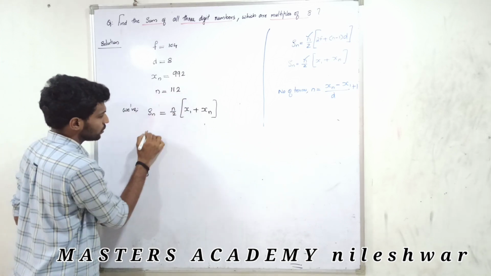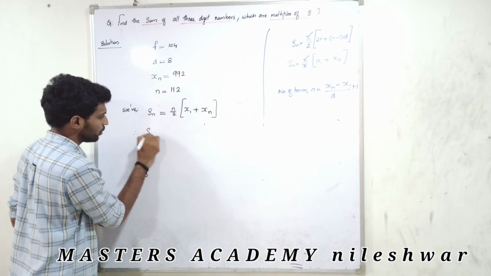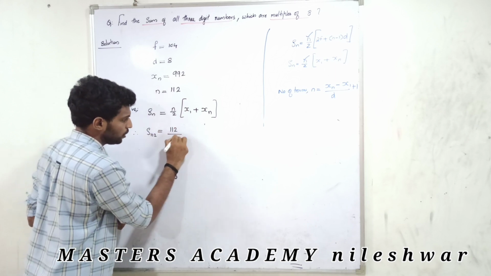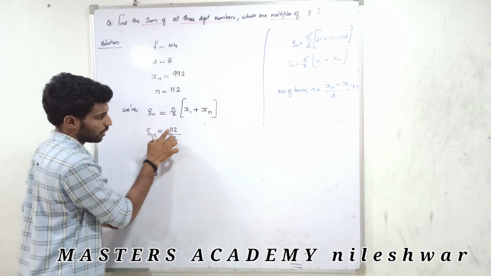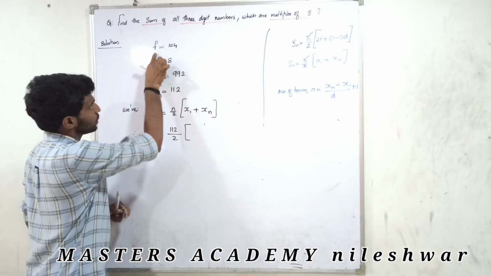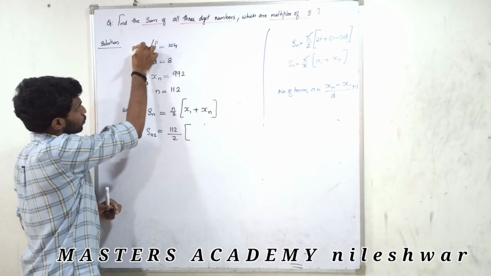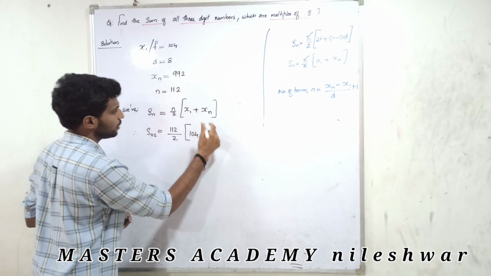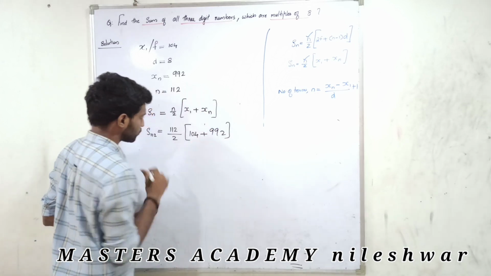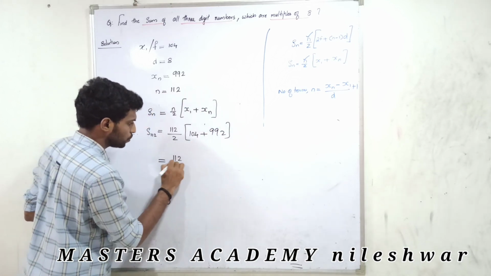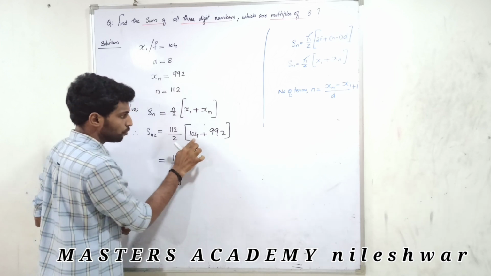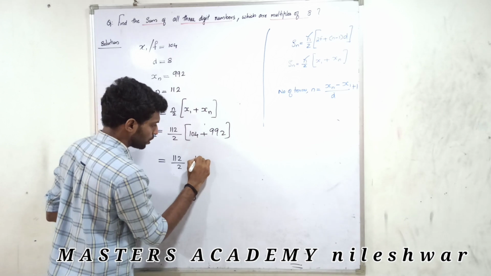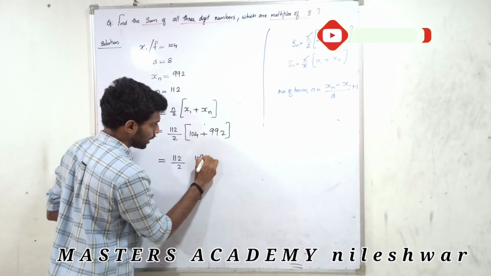Sn, n equal to 112. So S112 equals 112 by 2 into (x1, that is f, 104, plus xn, the last term, 992). 112 divided by 2, into 104 plus 992. 104 plus 992 gives us 1096.